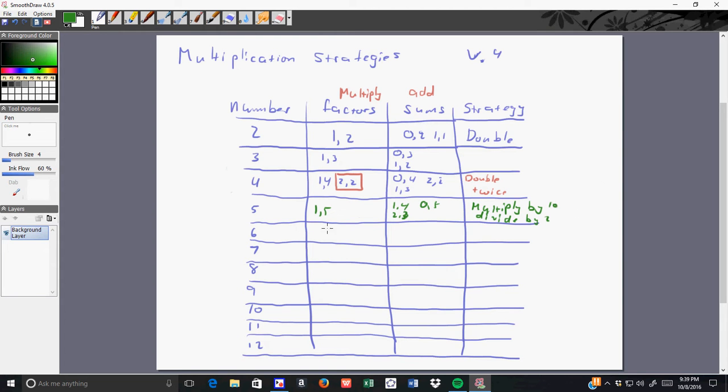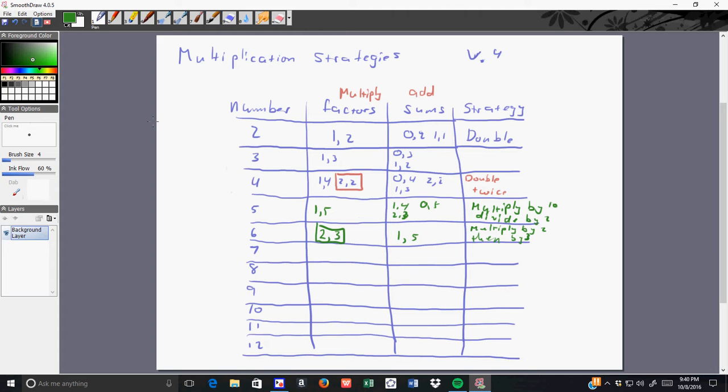Now 6 is 2 and 3, and now I'm going to just write the important ones. 2 and 3, or 1 and 5. So once again, if I'm not sure, I can multiply by 2, then by 3.